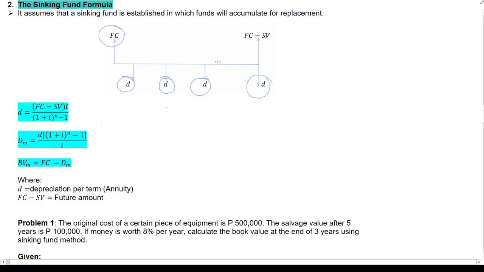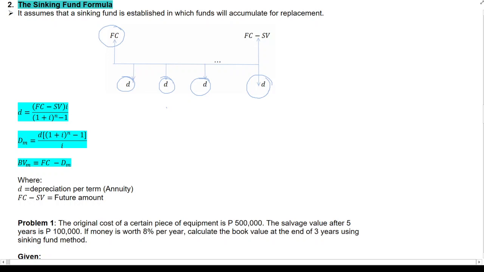So for the sinking fund formula, we have the depreciation is equal to the first cost minus the salvage value, multiplied by the interest, which is I, and then divided by 1 plus I raised to n, which is the useful life, and then minus 1.